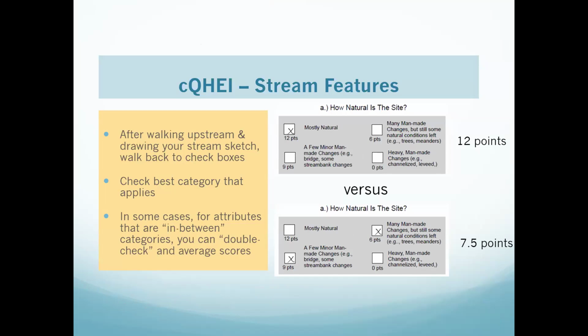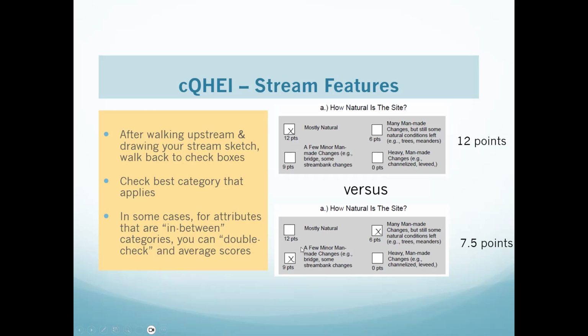Another detail is that for some of those boxes you can double check. For example, how natural is the site? You may say it's mostly natural and be pretty confident on that. But maybe you're torn between a couple of these categories, and you can double check those and then average them.